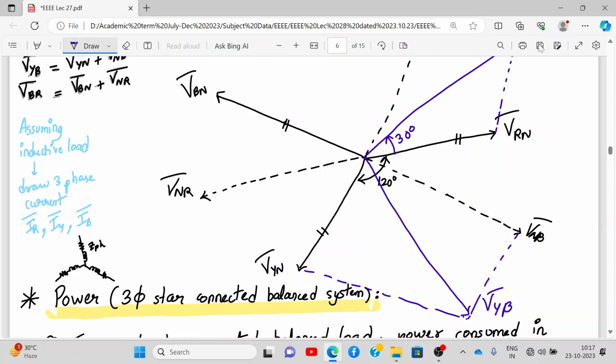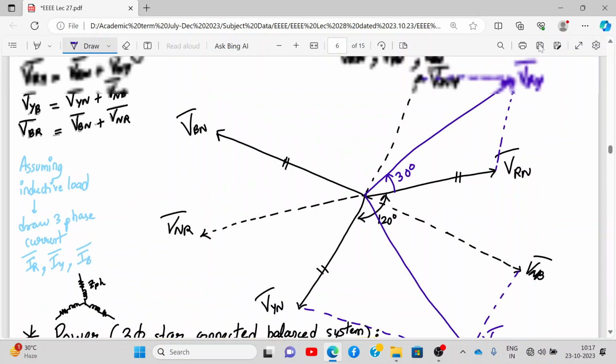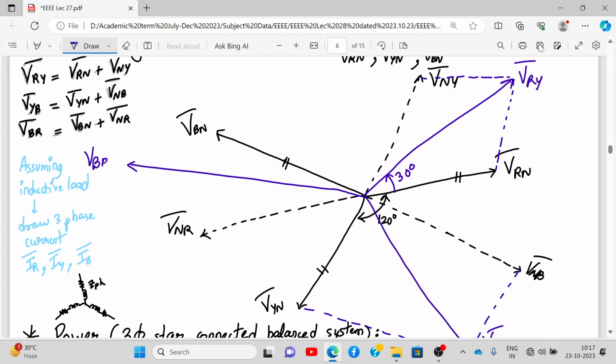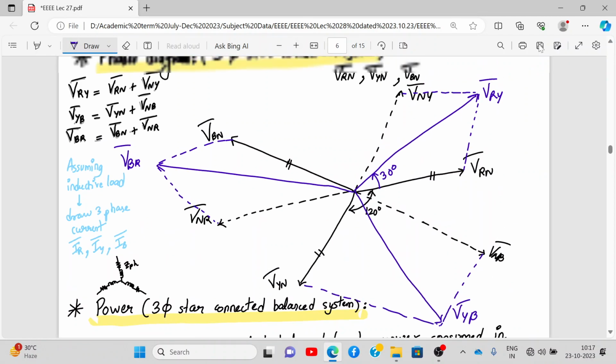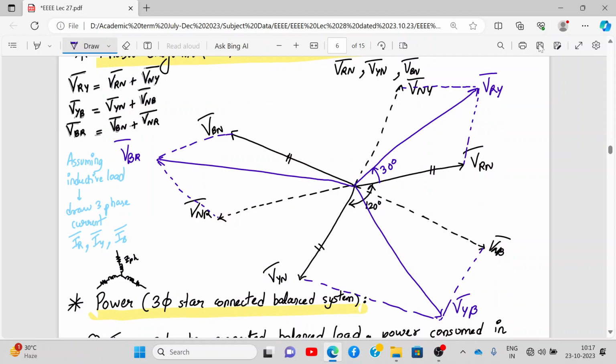Got it? And last, listen. VBR is VBN plus VNR. Where is VBN? And what is VNR here? So the last will come over here. So this will be VBR. And how will you join them? Like this. So my phasor diagram looks like this. If you follow the proper scale and take 120 degrees properly, you will get a proper graph.